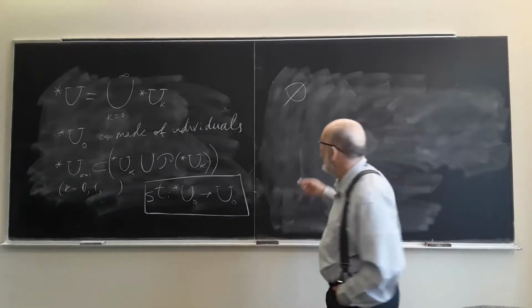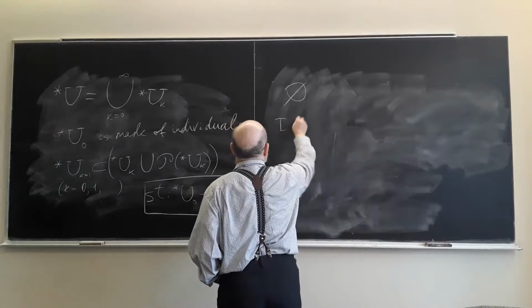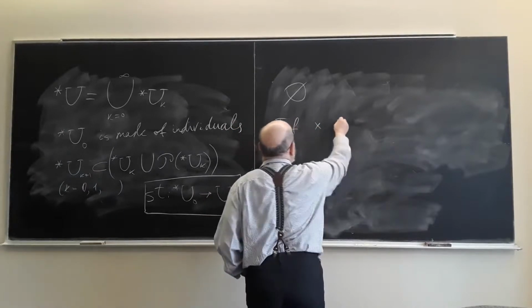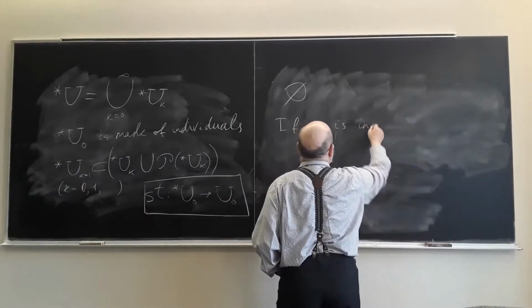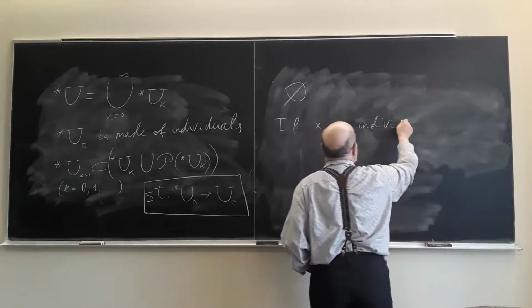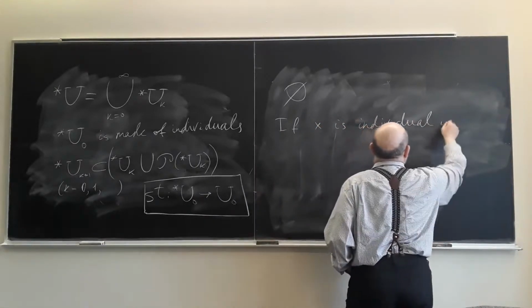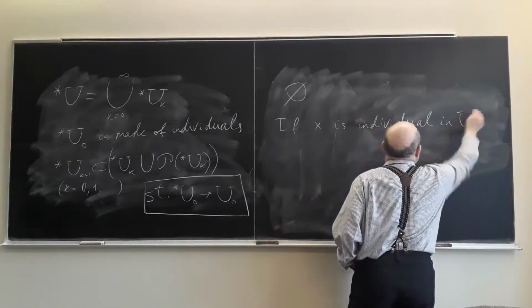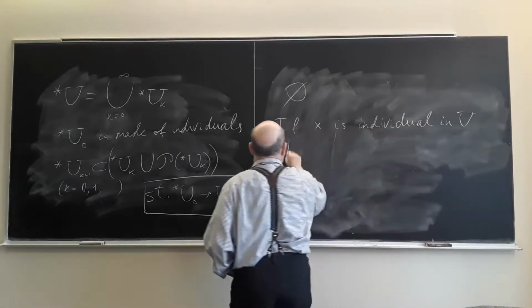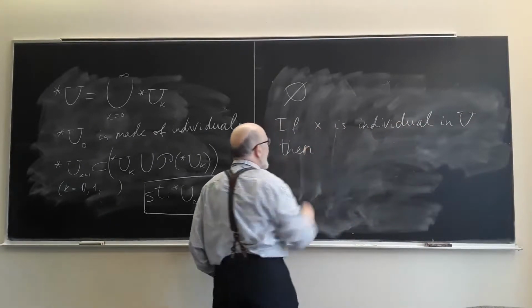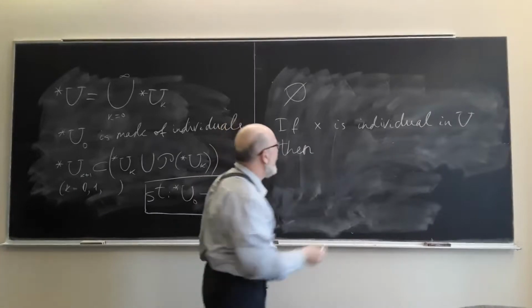If x is an individual in U, then it has no elements.